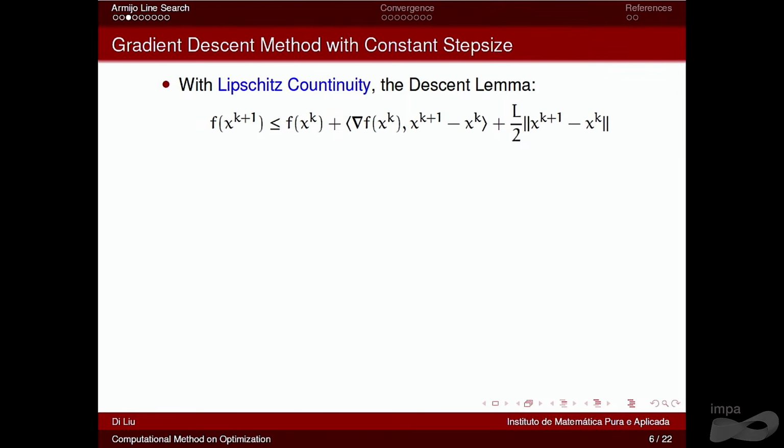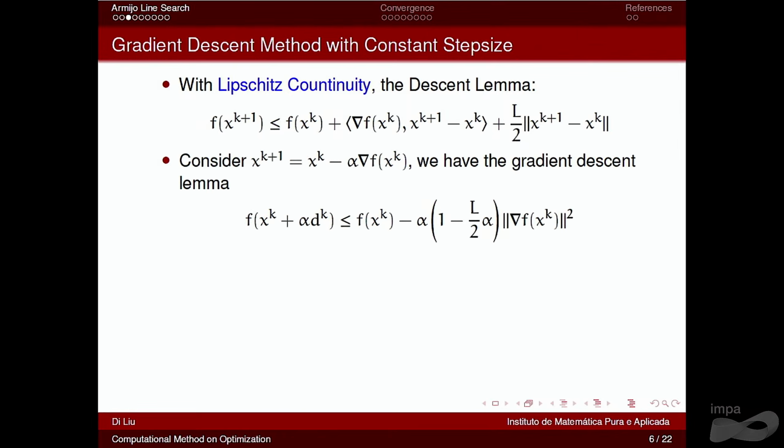It says f(x plus alpha d) is less than f(x) plus, sorry, there is a square here. It can be bounded by the first-order term and a second-order term.